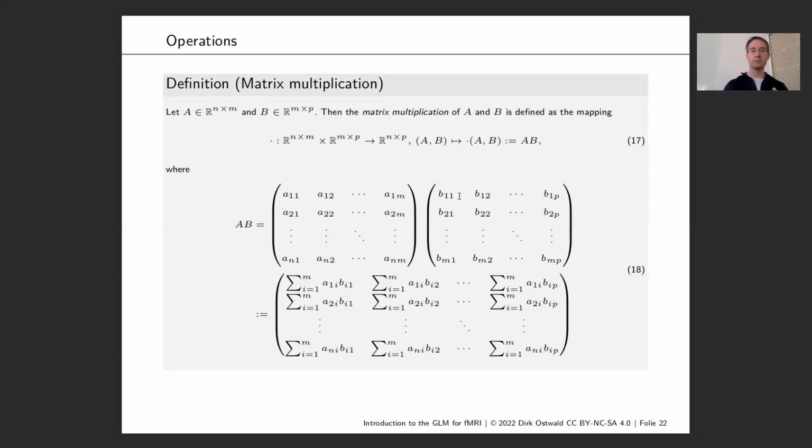So A11 times B11, A12 times B21, and so on until A1M times BM1. And this is also why you need the same number of columns as you have rows here, because you need to find the matching elements. And if you have more columns here than you have rows here, then at one point you run out of elements in B. You multiply those, so this is what's shown here, A1i, Bi1, you multiply them, and then you add them all up.